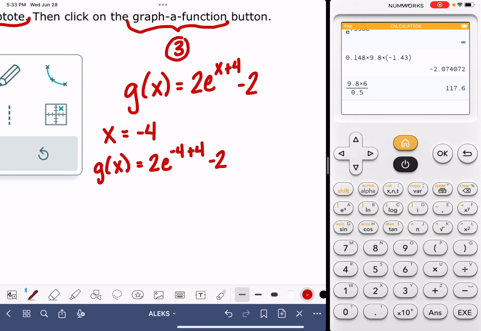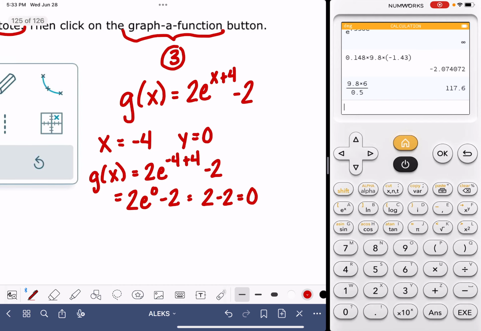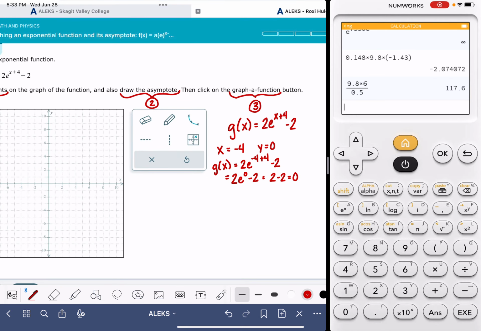That is 2e to the 0 minus 2. Anything raised to the 0 is just 1, so this is 2 minus 2, which is 0. So when x equals -4, my y value, g of x, is 0.